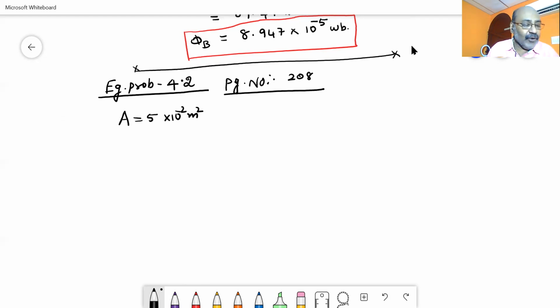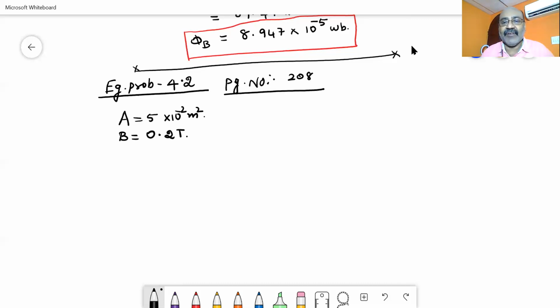A loop rotates in a uniform magnetic field of 0.2 Tesla. So the magnetic field available is 0.2 Tesla. The loop rotates about its diameter, which is perpendicular to the magnetic field, as shown in the figure.